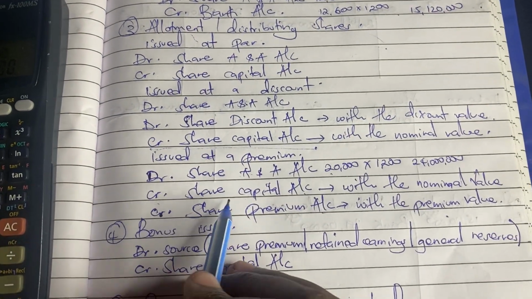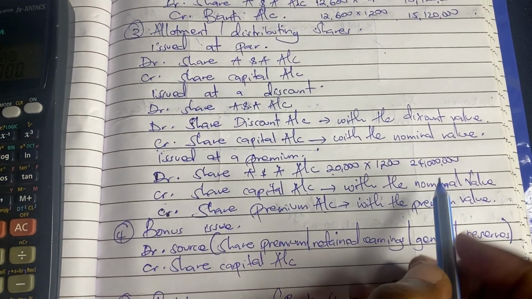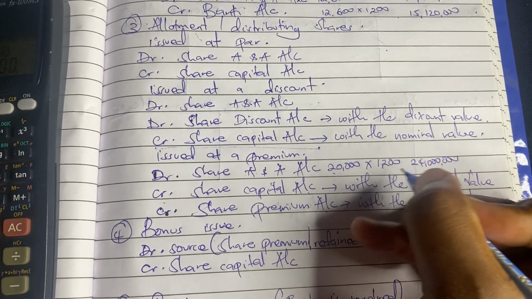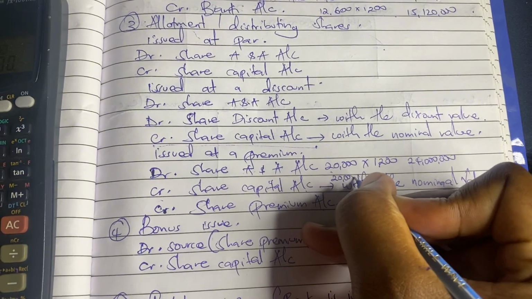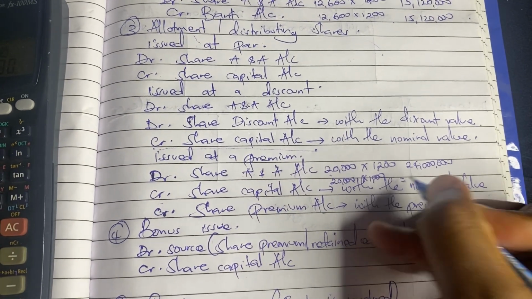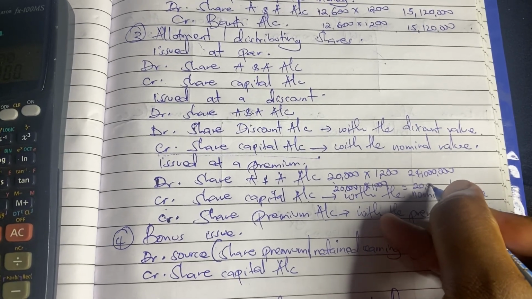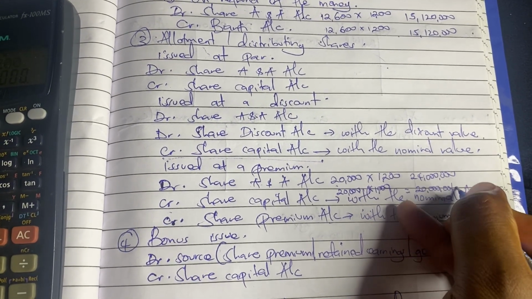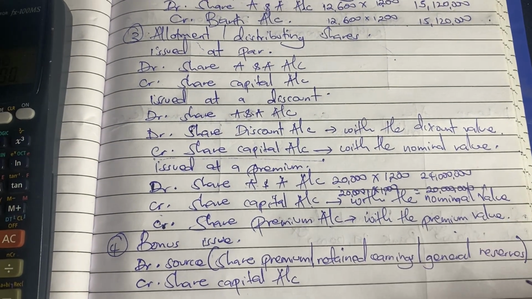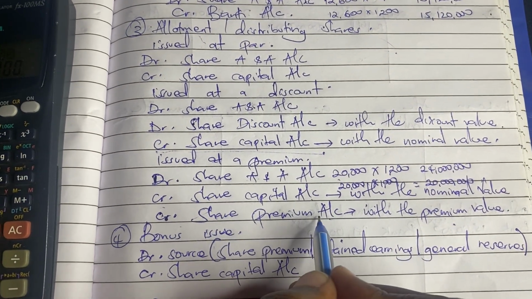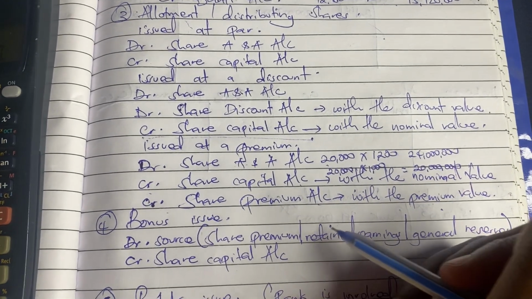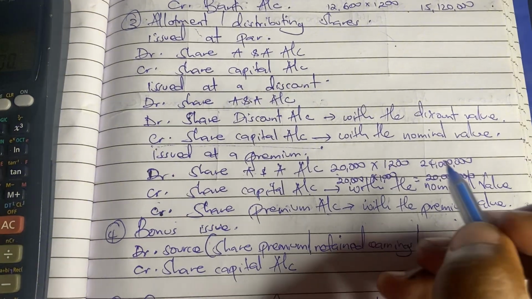Then we credit share capital account with the nominal value. So the nominal value of the shares is 1,000. So 20,000 shares times 1,000. What we get is 20M. So we are going to credit share capital account with 20M. Then we credit share premium account with the premium value. The premium value is this extra 200 that was added on the nominal value.